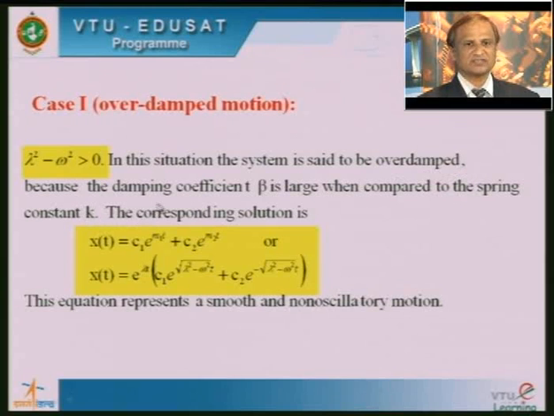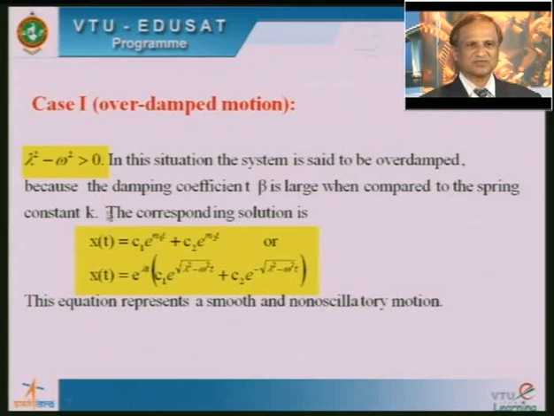This is because the damping coefficient beta is large when compared to the spring constant K. When we get greater than 0, that depends upon beta and K. Consider our differential equation containing beta as some constant and K as some constant.